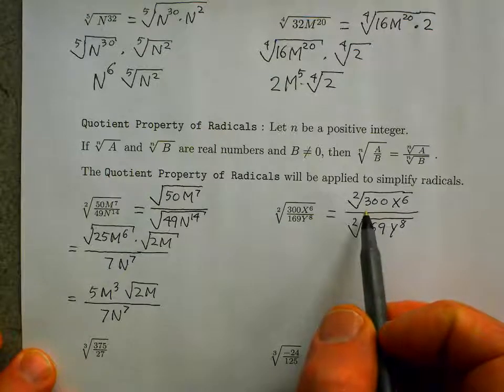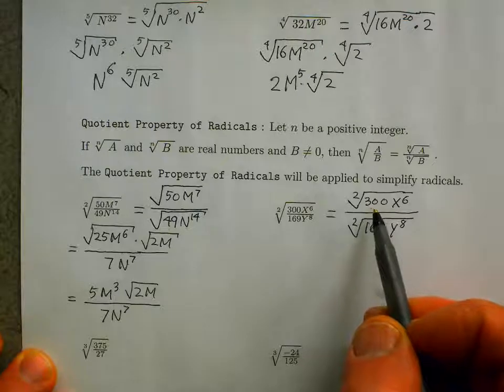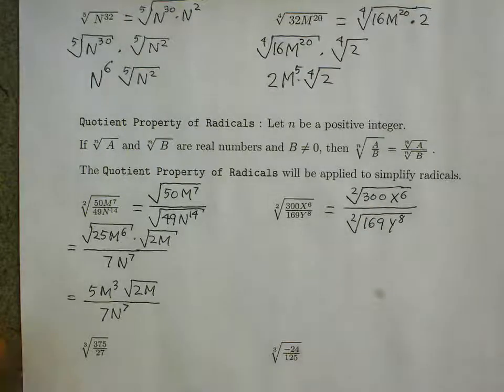We want to simplify both the numerator and denominator. Start with the numerator. What's the largest factor of 300 that is a perfect square? 100 times 3 is 300.